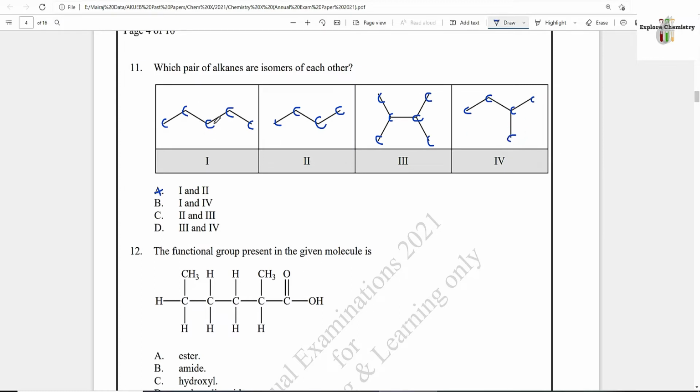This one is also having 5 carbon atoms. So same number of carbon, and the type of bond is also the same, single covalent bond. So hydrogen must be the same. So 1 and 4 are the isomers of each other. You can see 2 has 4 and 3 has 6, while 1 and 4 have 5 carbon atoms. So only 1 and 4 are isomers of each other.